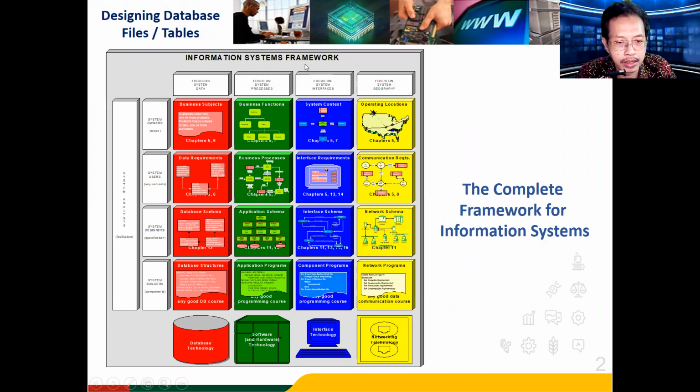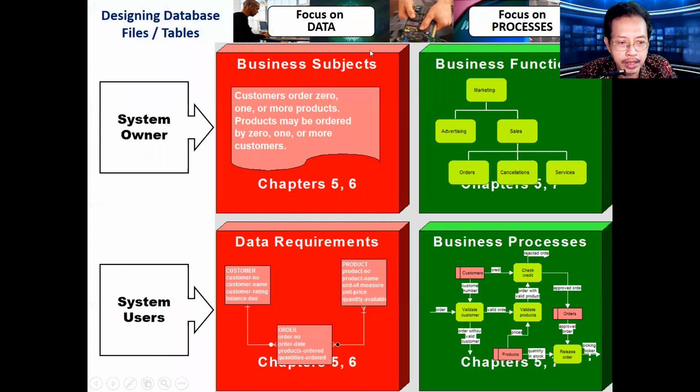You can see here the systems framework, and we were talking about the focus on system data from the perspectives of the owners and the users, where the owner would be giving us the entity, let's say the titles of the database files, or it could also be the entities that interact with the system.